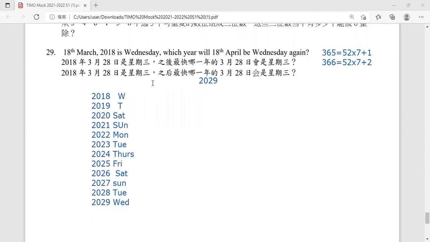Nothing special. Just this one. You just do the counting. This is also a pattern. You just practice, okay? Because this is a leap year, the 29th of February has passed, so you have to add 2 days on it.